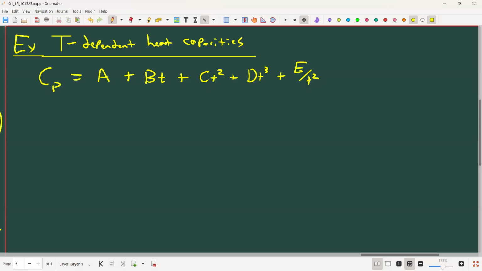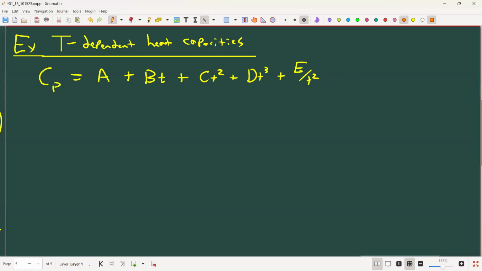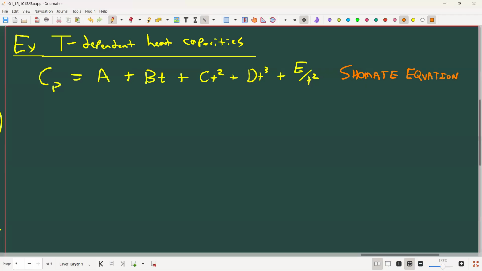There are other functions to represent heat capacities, but this is the common form and the easiest to understand. It's also, in some sense, the least accurate. But it's really nice for our conversation because everyone knows how to take an integral or a derivative of a polynomial function. It's really easy to calculate things.